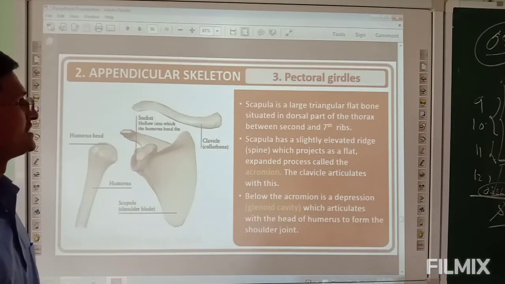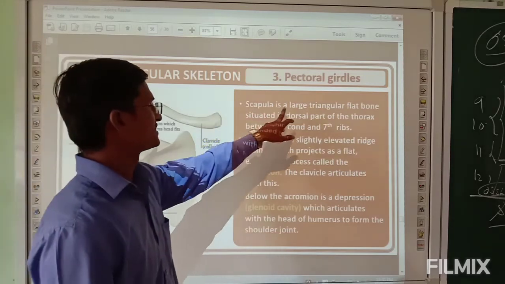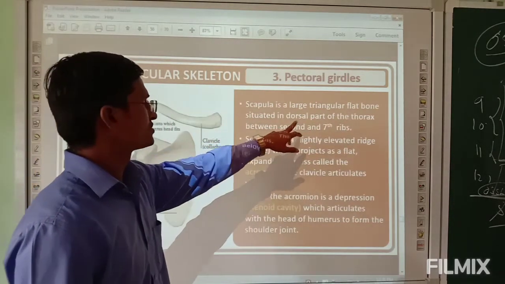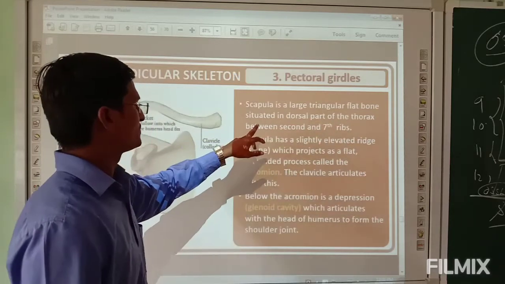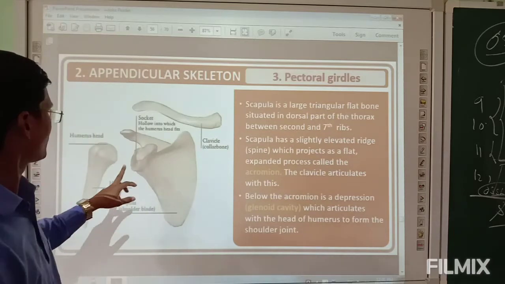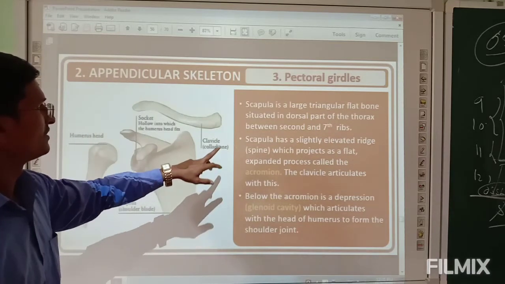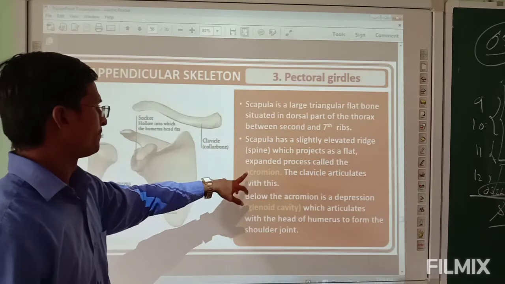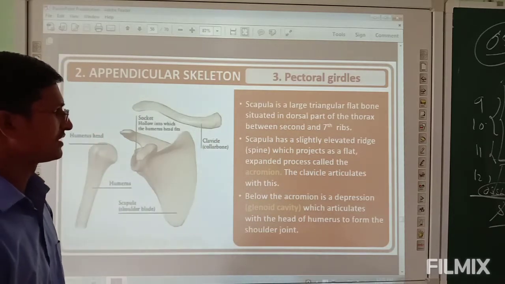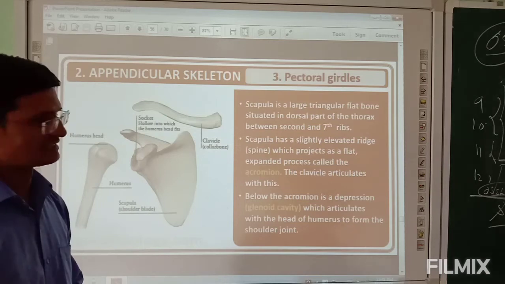The pectoral girdle's scapula is a large triangular flat bone situated in the dorsal part of the thorax between the second and seventh rib. You can see here the second and seventh rib. You will find this scapula, and it has the acromion. The clavicle articulates with this.